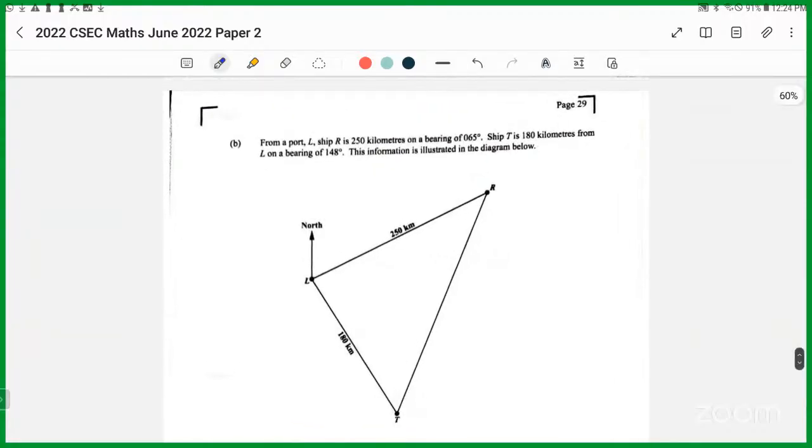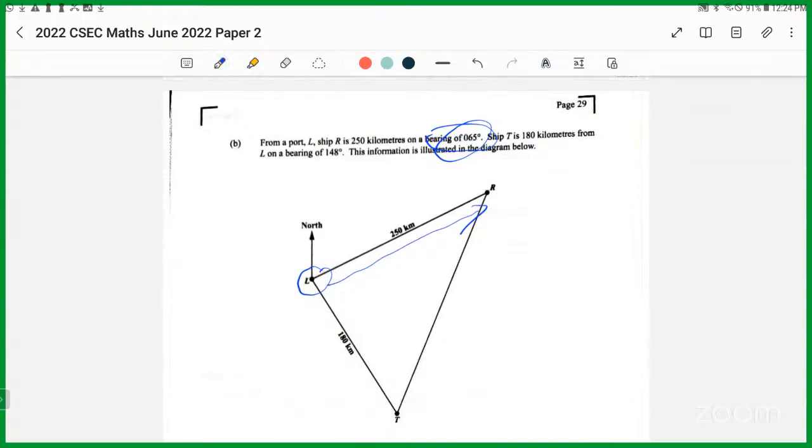It says from port L, so port L here, ship R from port L. This is ship R now. Ship R is 250 kilometers away and it's on a bearing of 065 degrees. 065 is the direction from L to R given as an angle from the north line, clockwise.